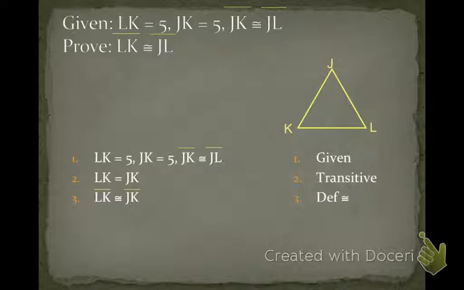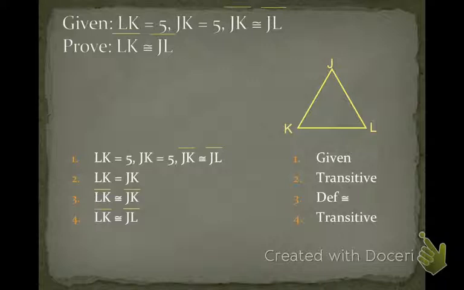Well, if LK is congruent to JK, and in our given statement JK is congruent to JL, then we can put those two statements together and say that segment LK is congruent to segment JL, and that's by the transitive property, and we've proved exactly what we were hoping for.